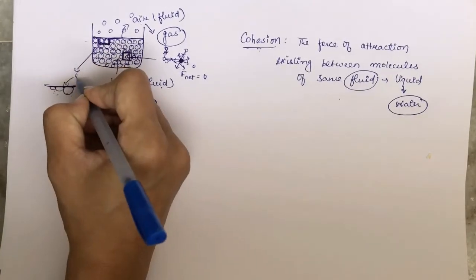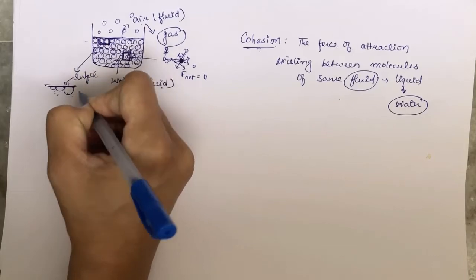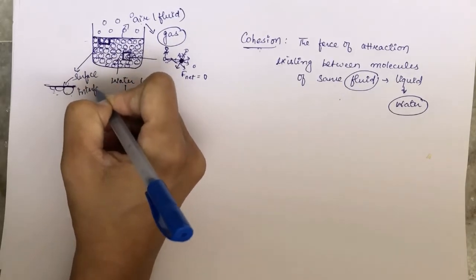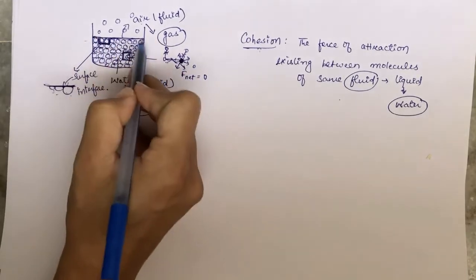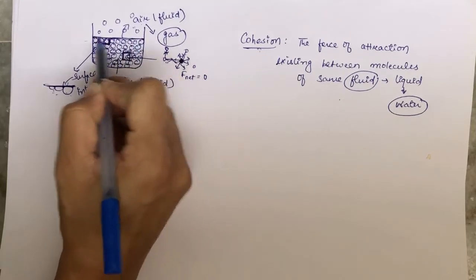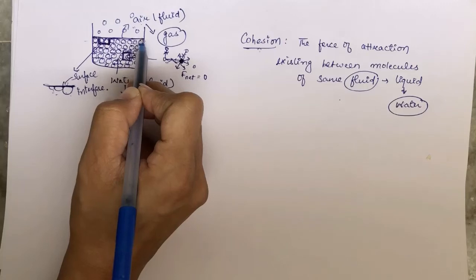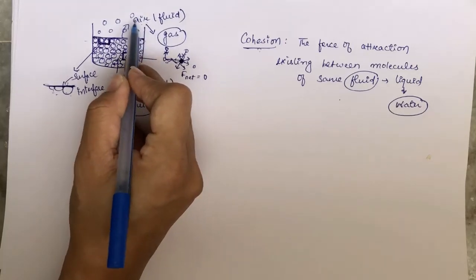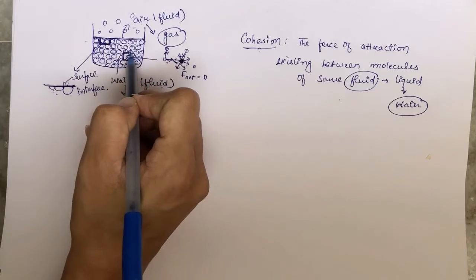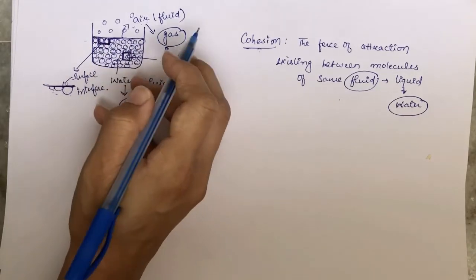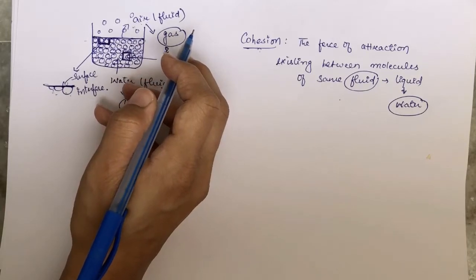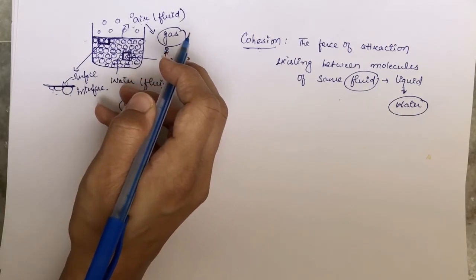This is also known as the surface interface. Surface interface means the connection between two fluids. It is the position where one fluid, which is air, is in contact with another fluid, which is liquid. But these two fluids are immiscible. Immiscible means they cannot mix with each other.